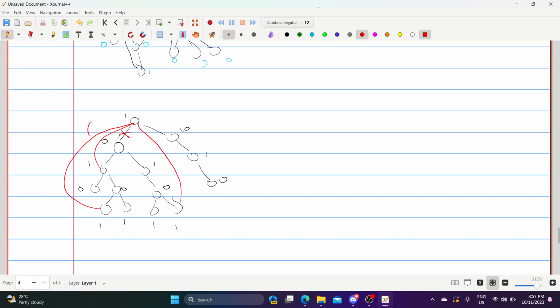Let's say we choose this back edge. Then now instead of 1 this is 0, then instead of 0 this is 1, then this is also 0, and so on down the subtree.